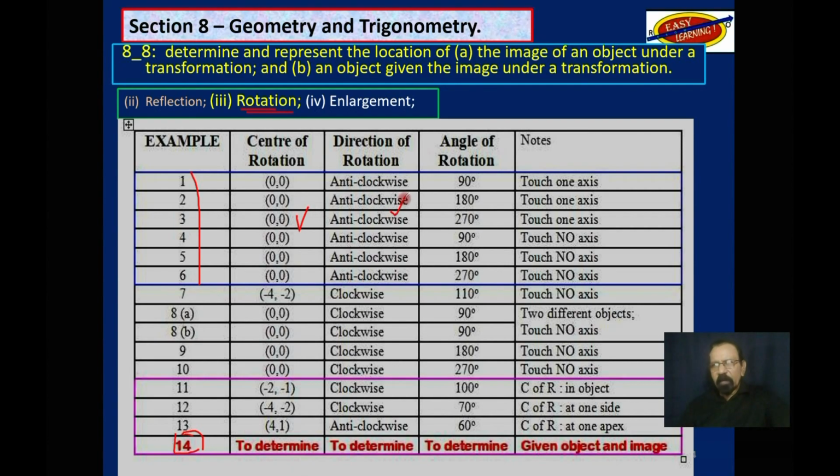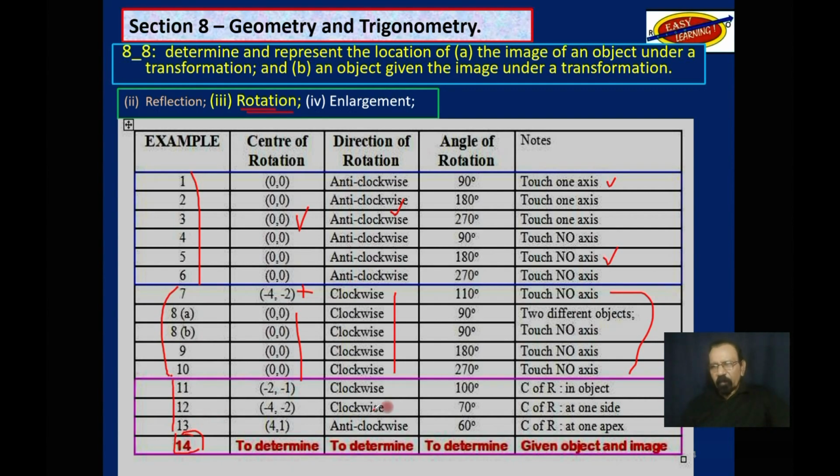They are all anti-clockwise, and in some cases, they touch the axis, one axis, or not. Then from 7 to 10, this one is not at the origin, but the others are. They are all clockwise, and they don't touch any of the axes.